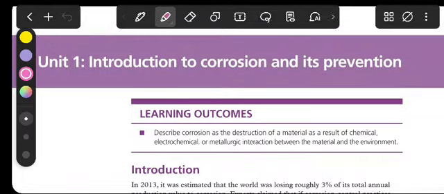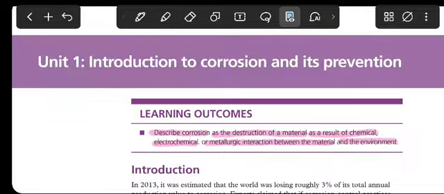Please describe corrosion as the destruction of material as a result of chemical, electrochemical, or metallurgical interaction between the material and the environment. This is how we describe corrosion.